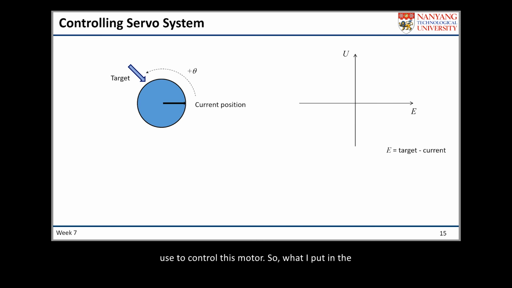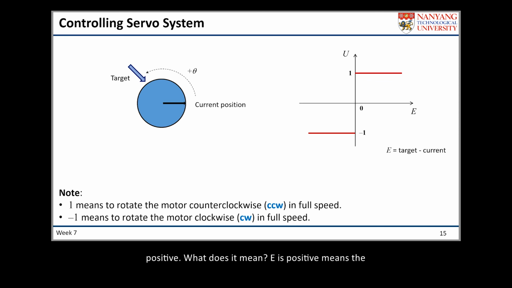When E is positive, what does it mean? It means the target is higher than the current position, which means the target is in the counterclockwise direction to the current position.